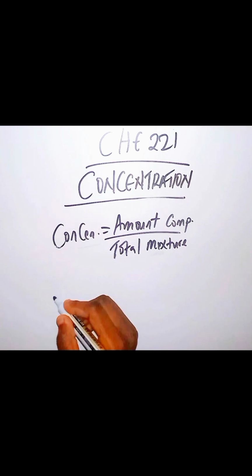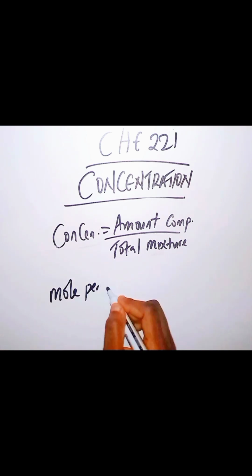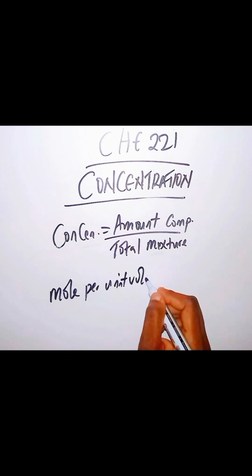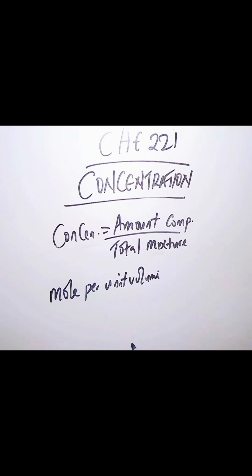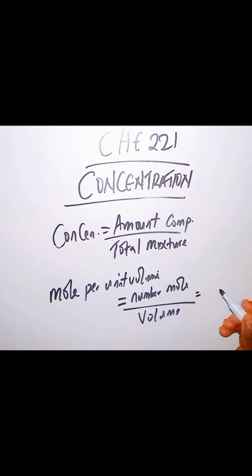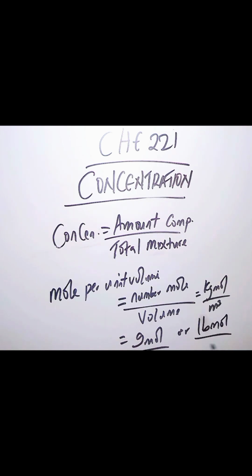Concentration can also be expressed in terms of mole per unit volume. This is equal to the number of moles divided by the volume of the mixture. And this can be expressed with the unit of kilogram mole per meter cube, or gram mole per cm cube, or pound mole per cubic feet.